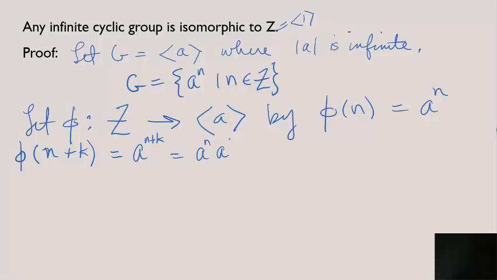And we know that that is A to the n times A to the k, and that is phi of n times phi of k. Remember, the operation in Z is addition, and over here we mark it as multiplication.